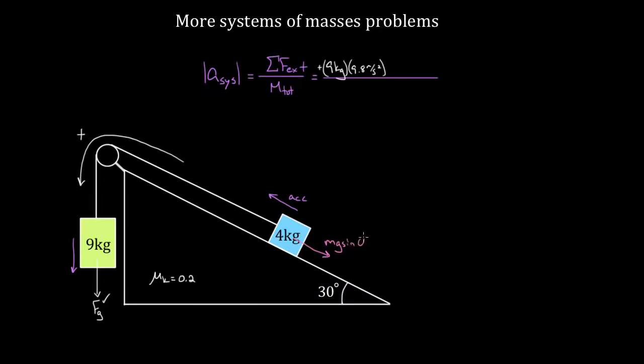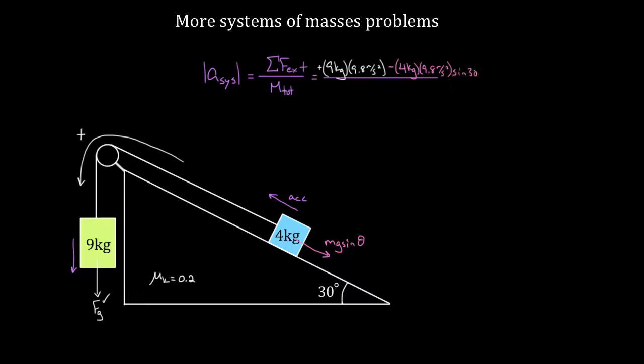So if that doesn't make any sense, go back, look at the videos on inclines or the article on inclines, and you'll see that the component of gravity that points down an incline parallel to the surface is equal to mg sine theta. So I'm going to have to subtract 4 kilograms times 9.8, because that's g, meters per second squared, times sine of the angle, and my angle's 30. So I'm going to do sine 30 degrees.